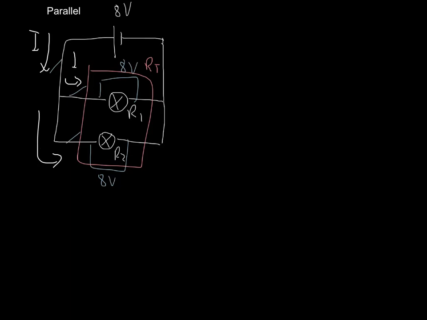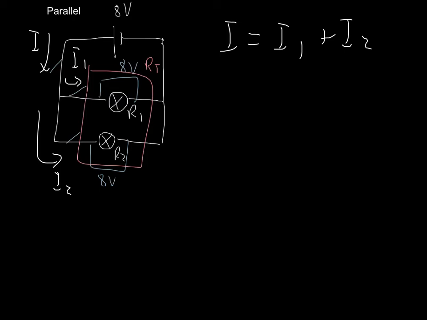So let's call this I1 and this I2. And we know that the total intensity, the total current, is equal to this one plus this one. Remember, all I'm saying is that whatever comes this way has to then split here and here, and nothing gets lost and goes somewhere else.